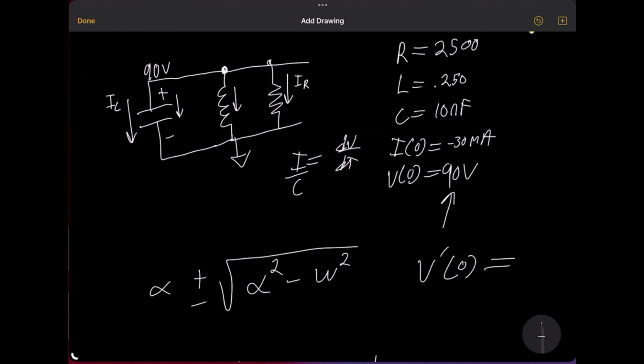So we need to find the current going through that capacitor. Well, we know the current going through the inductor. We just need to figure out the current going through that resistor, and we'll be there.